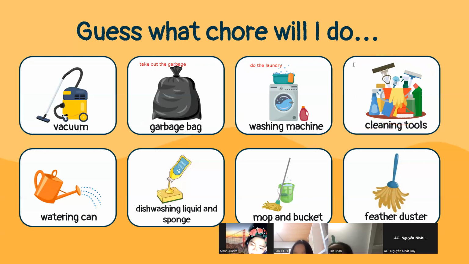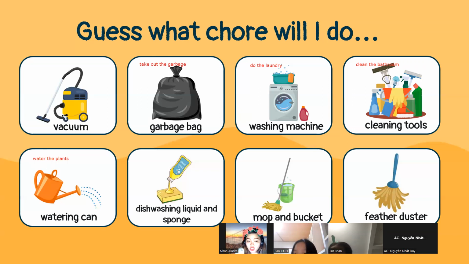What will I do? Clean the room, or the bathroom. Clean the bathroom. And Baoling, if I have the watering can, what will I do? Water the plants. Water the plants, right? Next one.